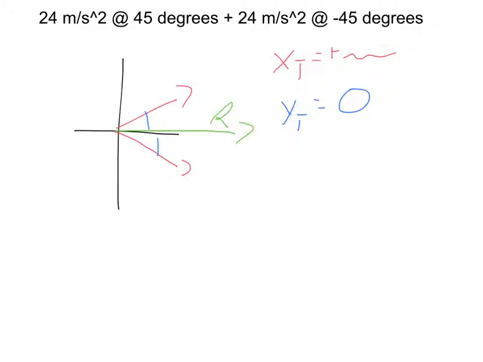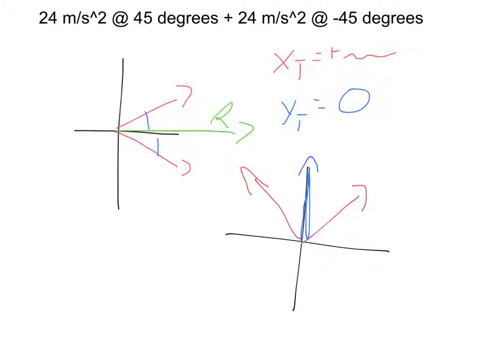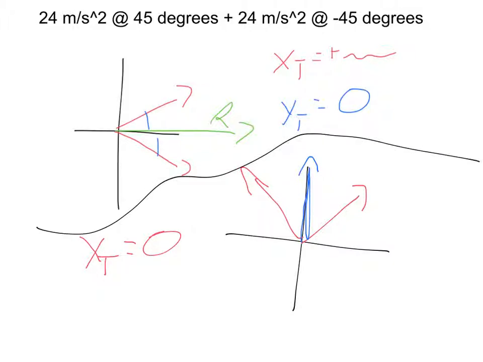Another word of warning on other problems. If it sets up where you have vectors like this, and the resultant vector is going to come out on the 90 degree mark, you're going to have an x total of 0 in this problem, which isn't the one that's happening right now, and a y total of some positive number.